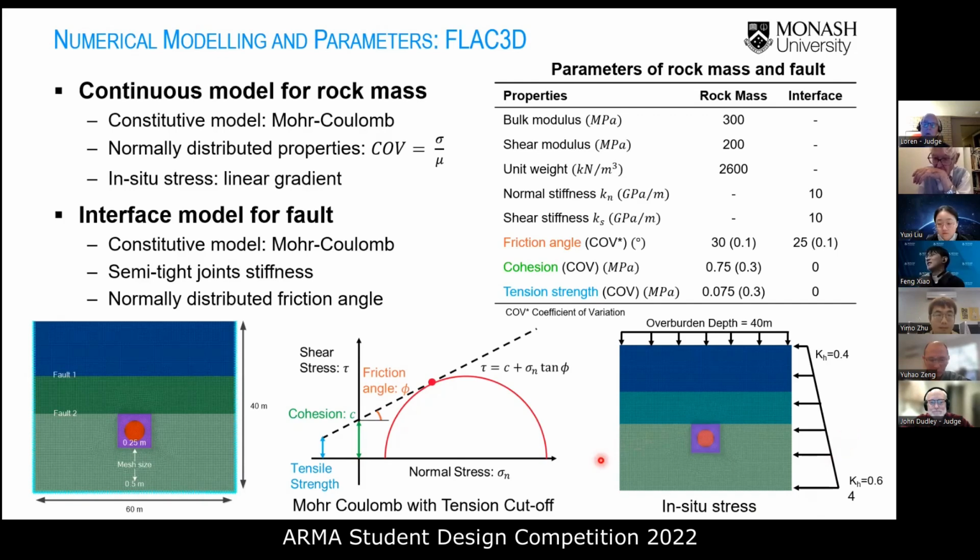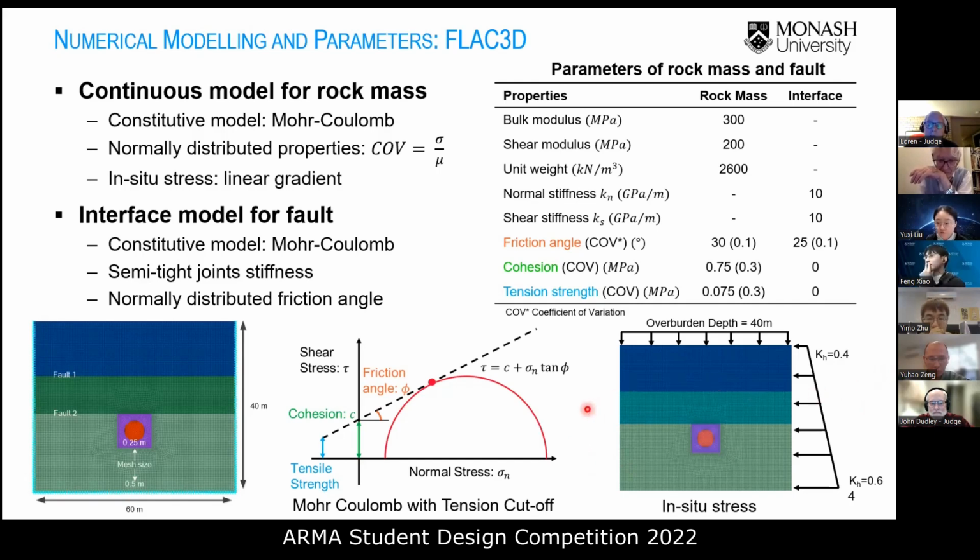Okay. So a follow-up question on that point. You're assuming that all of the material has the same unit weight, but the material above is saturated and the material below, I guess, is unsaturated. What does that say about the porosity of those two materials? Yeah, I think I can take this question first.